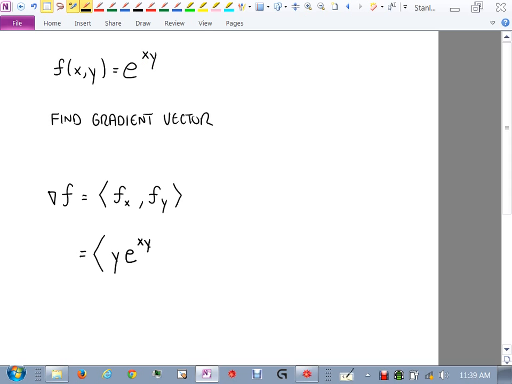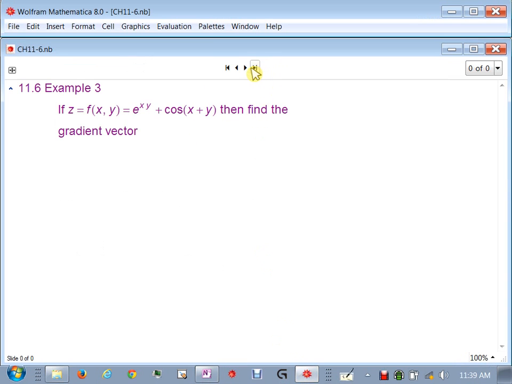And then when you do the partial with respect to y, it's the exact same thing, except an x pops out. So we have x e to the xy. That is the gradient vector. That's it right there. Does everyone understand? If someone gives you a function of two variables and asks you to find the gradient, all you're really doing is finding the two partials and putting them in a vector. Yes? All right.